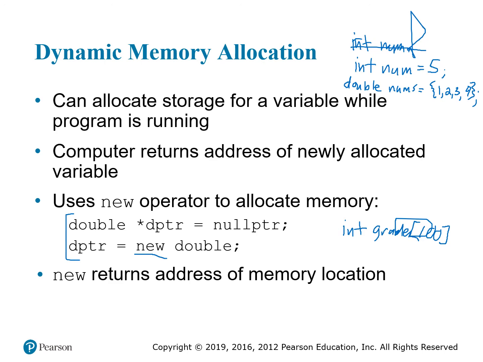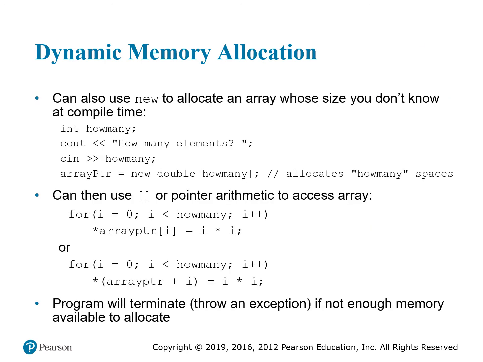Still, this works best when you're dealing with arrays of things. And so this is where the new operator comes into its own as a really useful part of programming. If I don't know how many elements, let's say I'm doing finite element modeling on an airplane wing, and I don't know how many elements I want to split it into until the program runs.